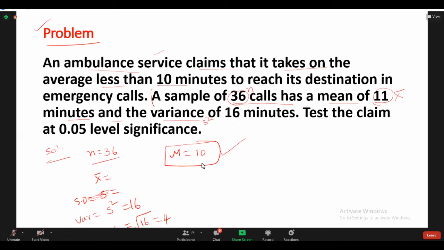Population mean is 10 and sample variance they gave, that is 16. S is equal to 4. Now that is clear.